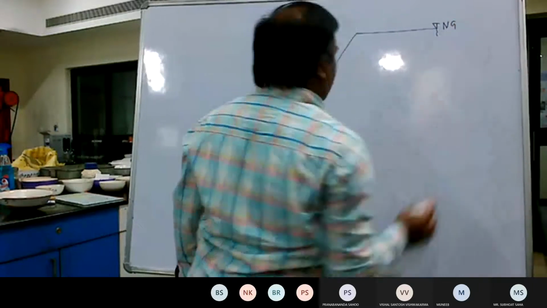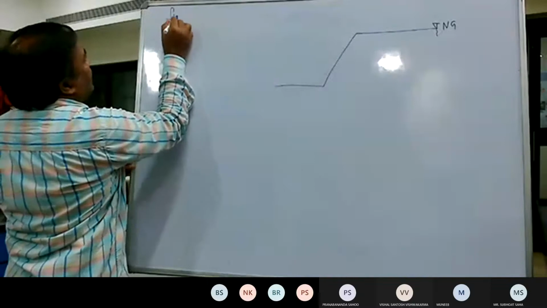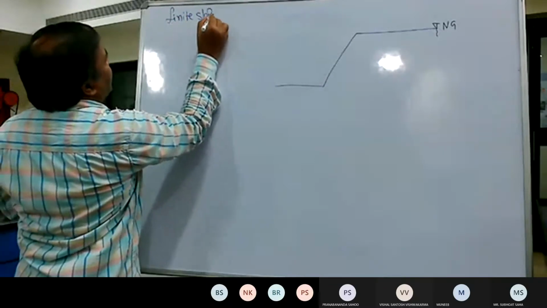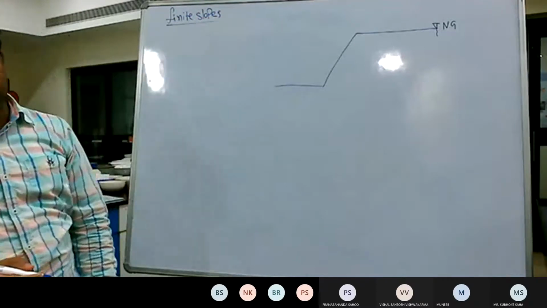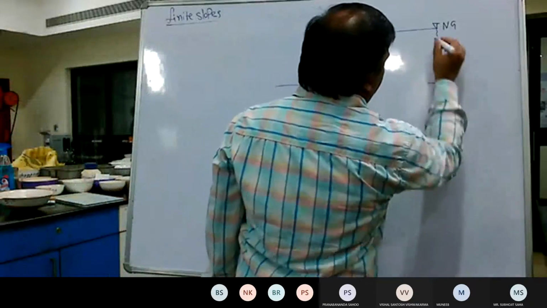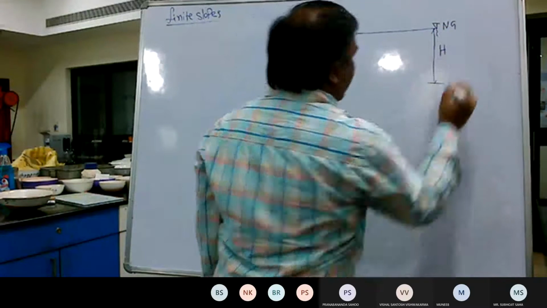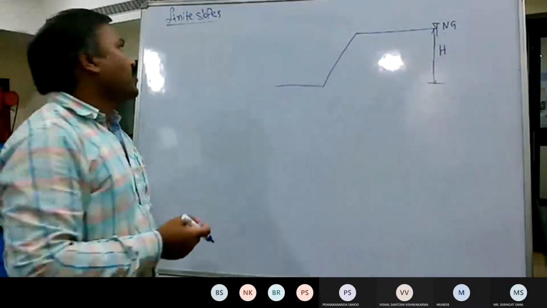So when you talk about the finite slopes, the basic assumption is the height of the slope has a definite length. So that means I know what is the height of the slope. So it could be 5 meter, 10 meter, 20 meter, 30 meter, and so on. So where height of the slope is known.